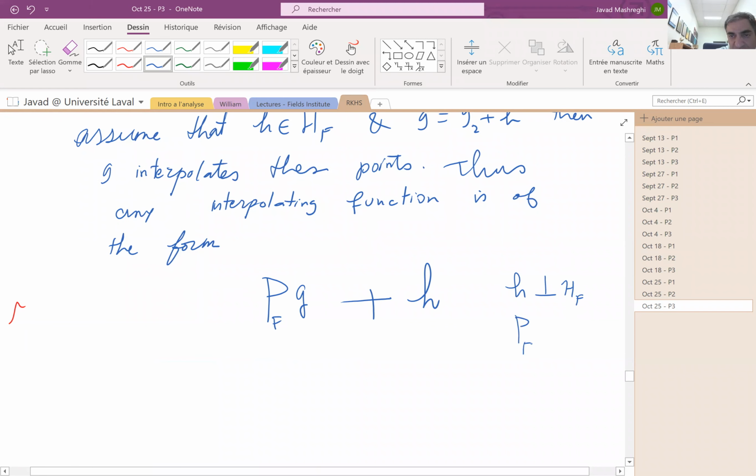I choose PF of G because it's in this space. And all the functions have this form.